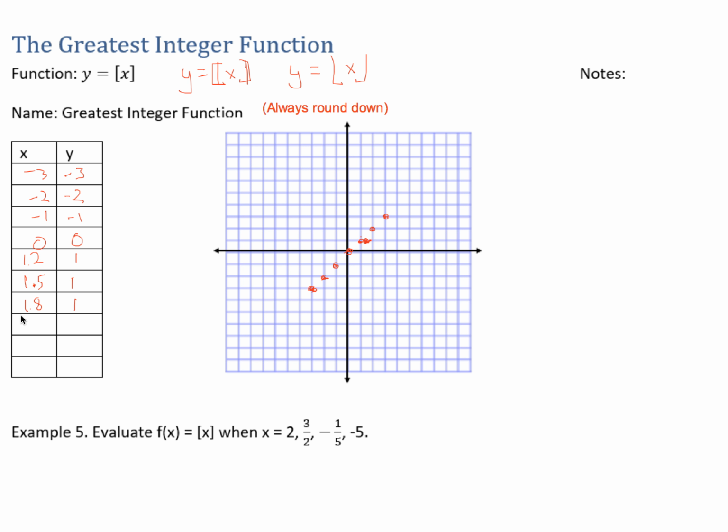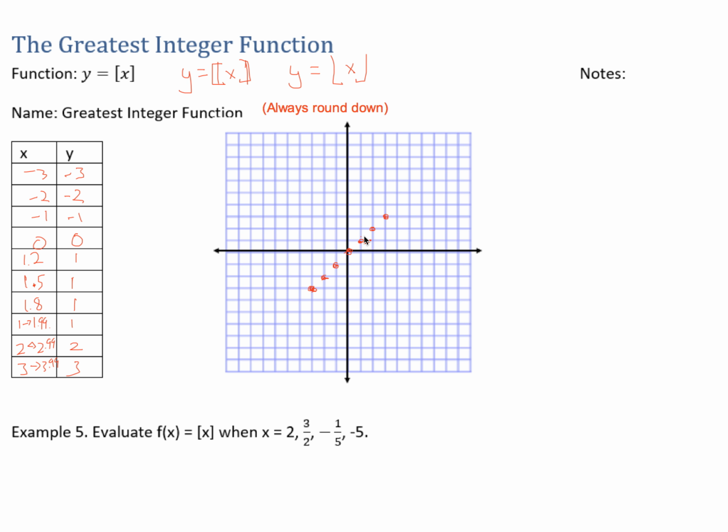And so what we notice, anything from 1 up to, this little arrow, 1.999, will always go to 1. Well, what will happen from 2 all the way up to 2.9999? Well, that will round to 2. 3 up to 3.999 will go to 3.